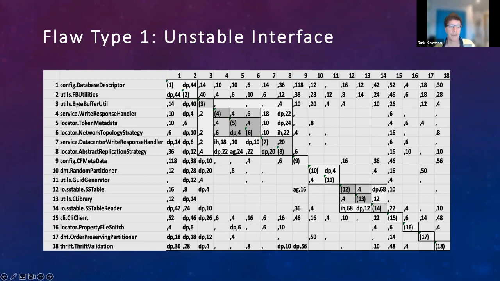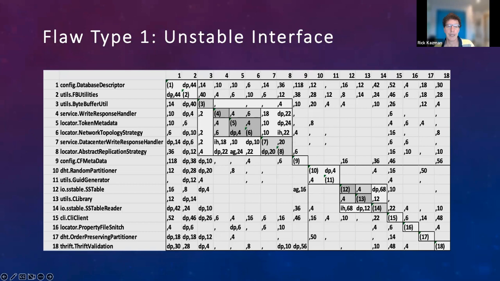So here on the left, you see the names of files in a project. Each of the rows is numbered. You have the same numbers along the columns, so it's a square matrix. And each of the cells is annotated with information that indicates the dependency between the file on the row and the file on the column.